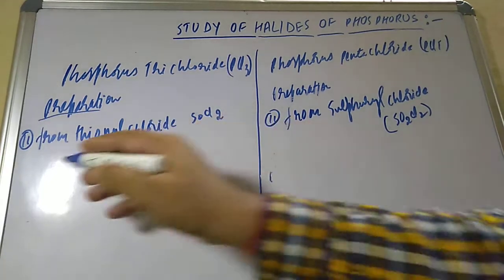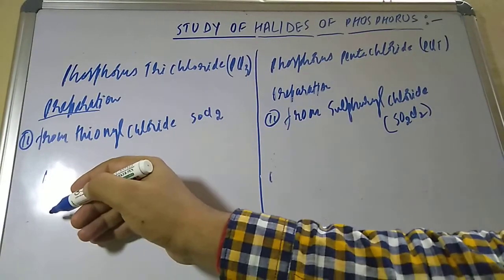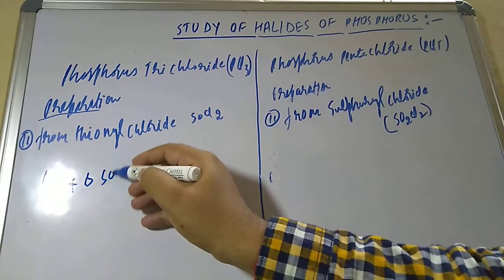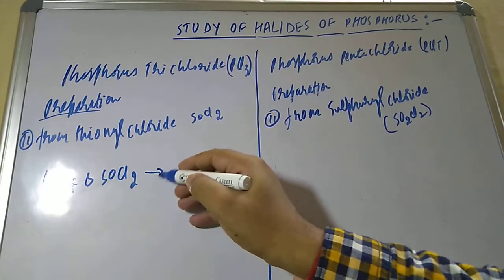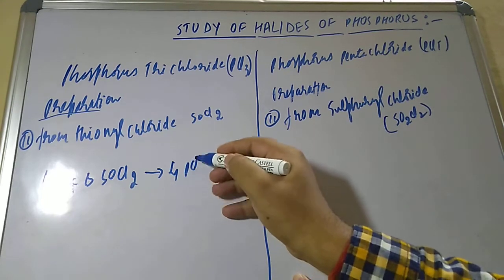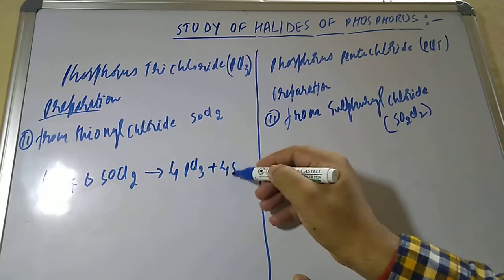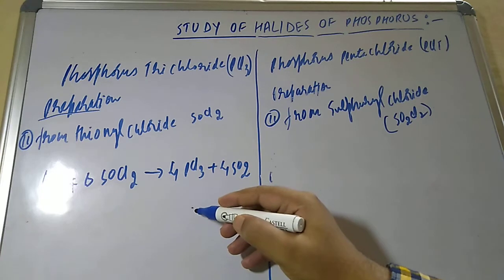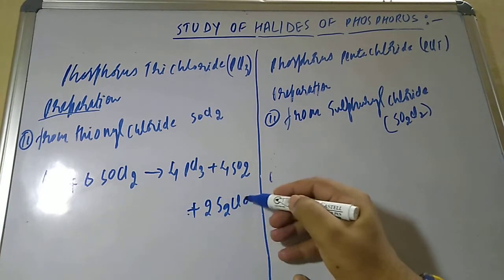Now let us see the equation from thionyl chloride. This thionyl chloride is treated with white phosphorus, P4, and 8 SOCl2. So what will it give? It will give 4 moles of PCl3, along with 4 moles of SO2 plus 2 moles of S2Cl2.